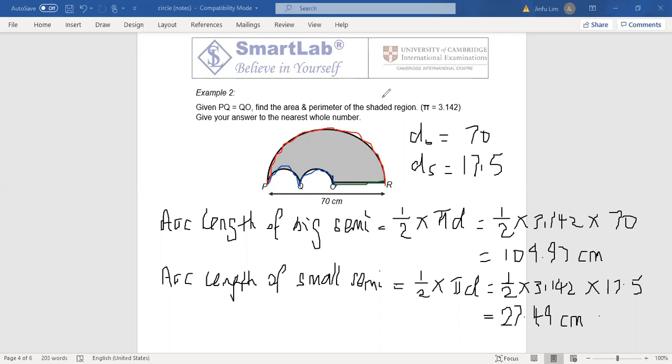Now we can go ahead and find the perimeter. So to find the perimeter of the shaded region, we take the arc length due to the big semicircle, which is 109.97, plus the arc length due to these two small semicircles, so it's 27.49 times 2, plus the length due to this green line, which is 35.